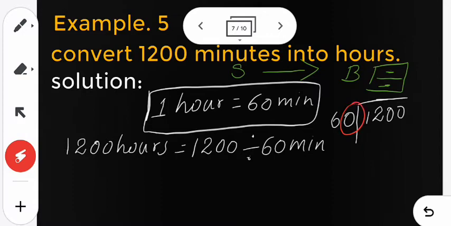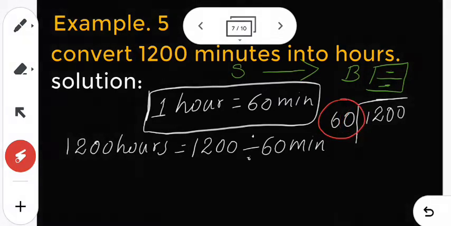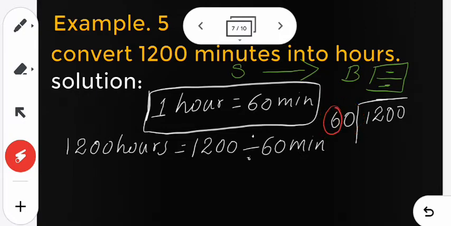You just ignore this 0. You remember this number 6. You will all know the 6 table, I think. So instead of bothering about both digits of 60, you ignore the 0 and take only the number 6, and you find the 6 table. From the 6 table you find the answer. It will be very easy.